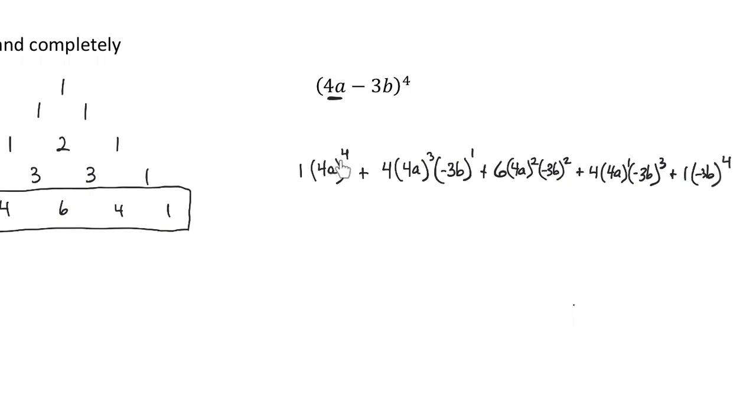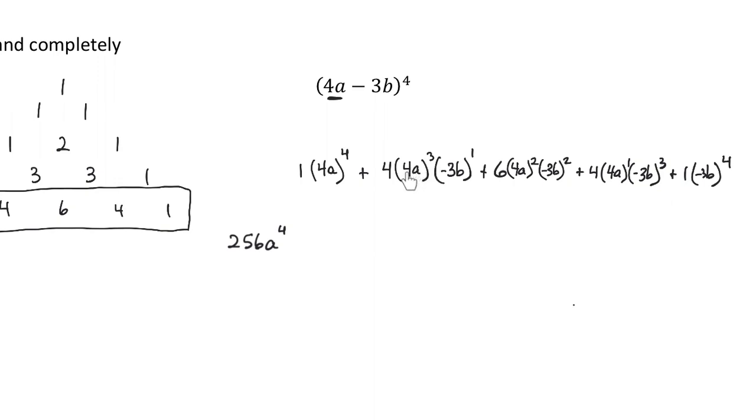4a to the fourth power is 4a times 4a times 4a times 4a. 4 times 4 times 4 times 4 is 256. A to the fourth. Now, the next term, 4a raised to the third power.